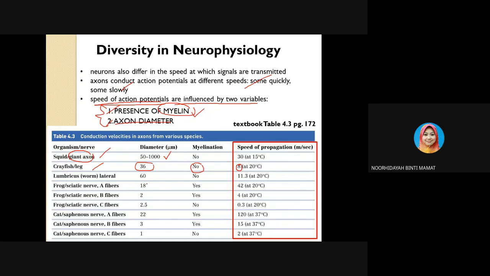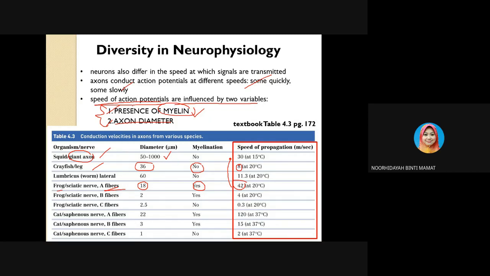Looking at the frog, in the sciatic nerve, the A fiber has a very small axon diameter but does have myelin. And you see the speed is higher compared to animals that have the giant axon.